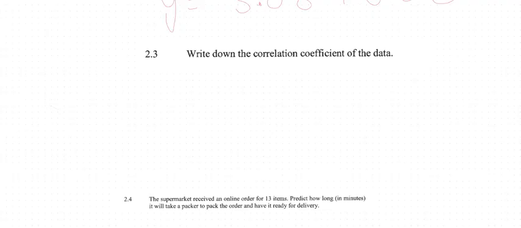The correlation coefficient is R, and it is calculated by statistical analysis. So we can calculate it: R is equal to 0.74. Okay, this is the approximate value.